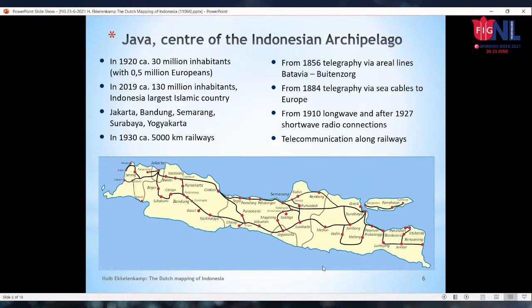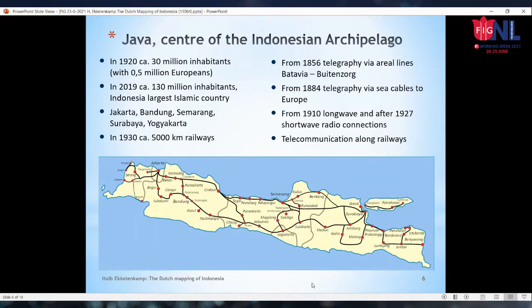Already in 1856, telegraphy and telephony started via aerial lines, and a lot of survey work had to be done to install these cables and microwave transmitters, long wave transmitters.